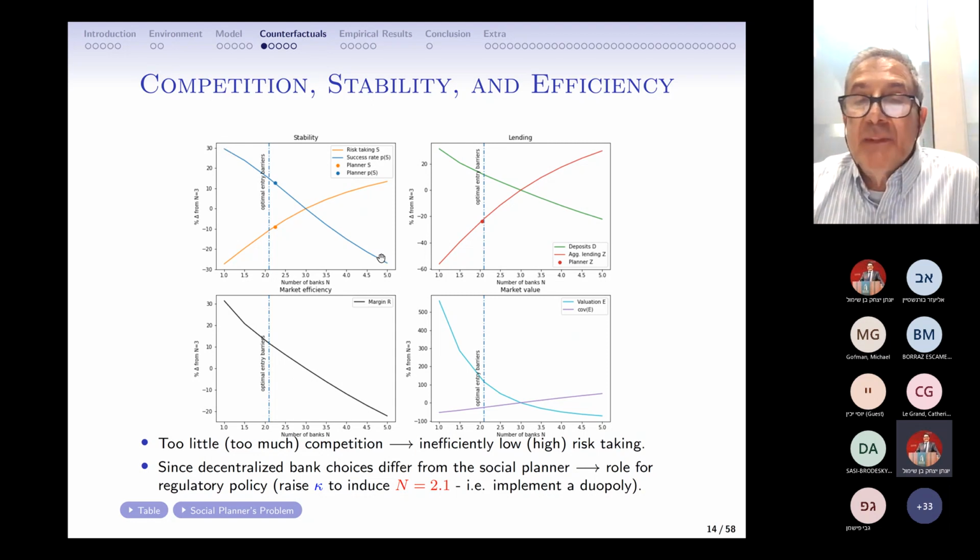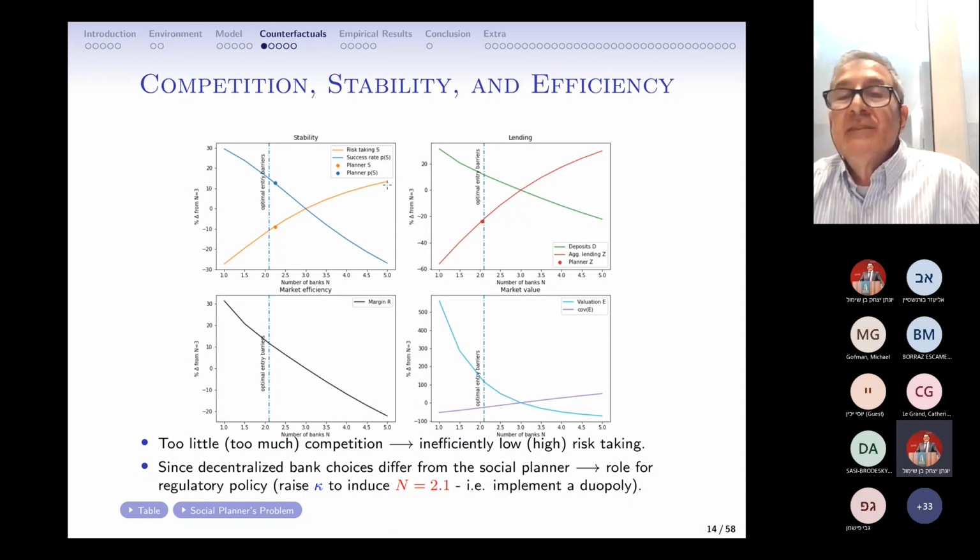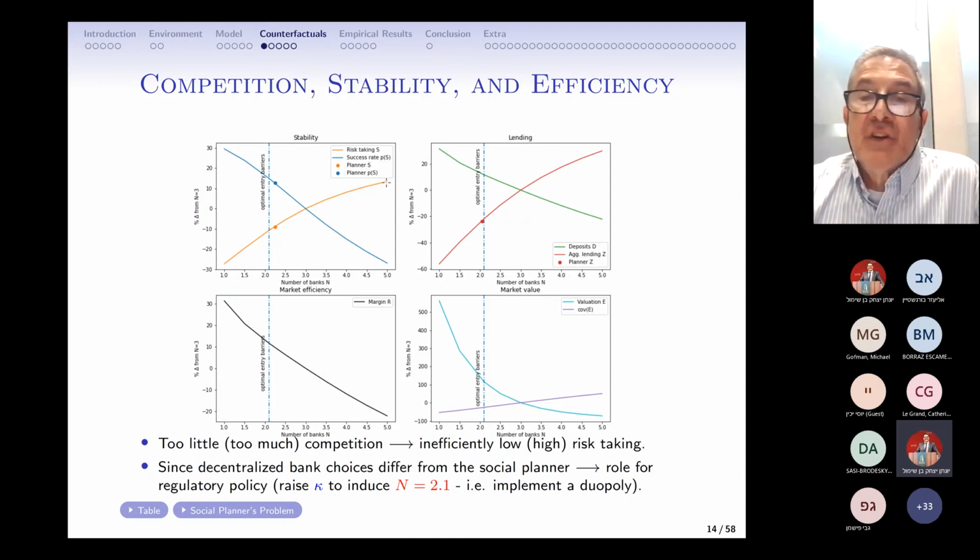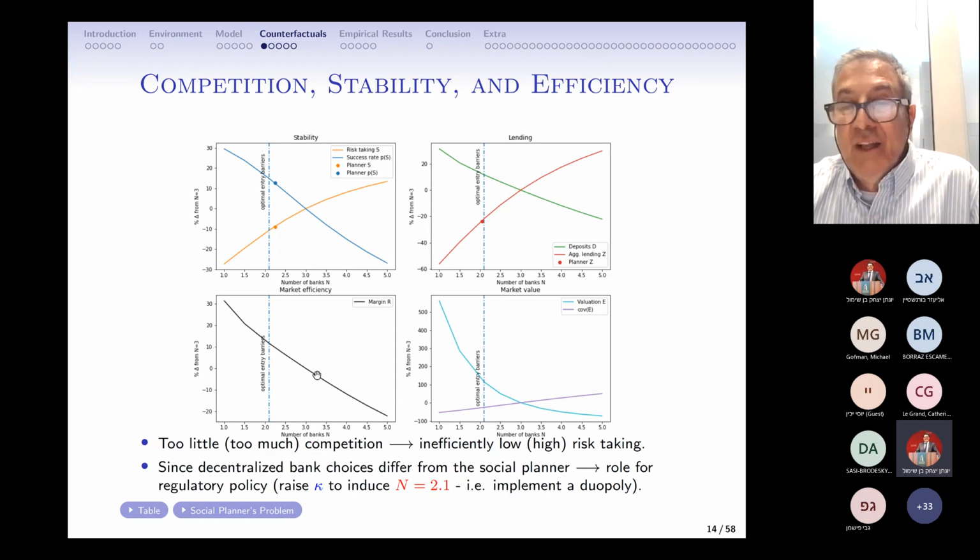If there's a lot of competition, then margins are low, and so banks start to take on a lot of risks. They chase higher returns, but they're risky returns. And that leads to lower success probabilities. Because there's lots of competition, there are very small margins; relative to the benchmark, margins fall.